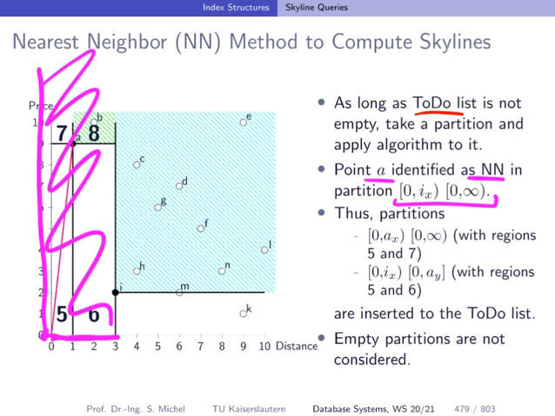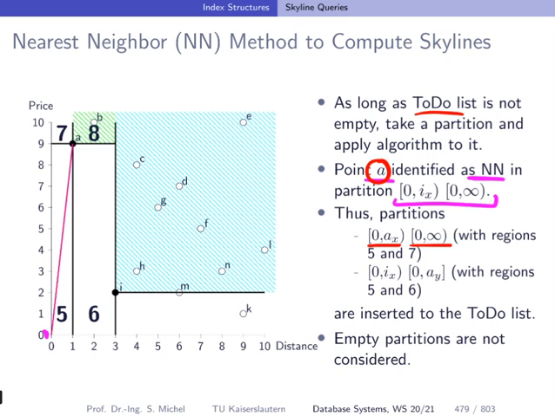Now we take A, and like before, we look at these different slices, so the different partitions on the x and y axis, and we get accordingly the ranges 5 and 7 here, and likewise 5 and 6. We again insert them into the to-do list, and we do this operation until we are done.